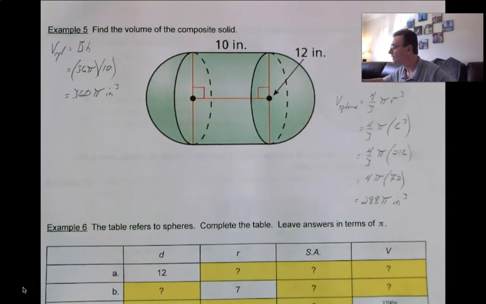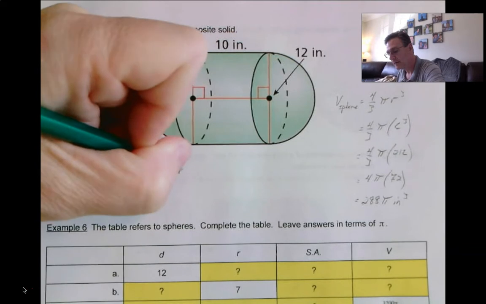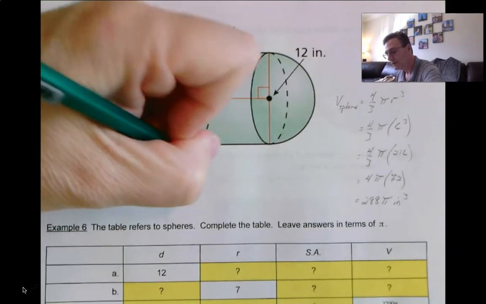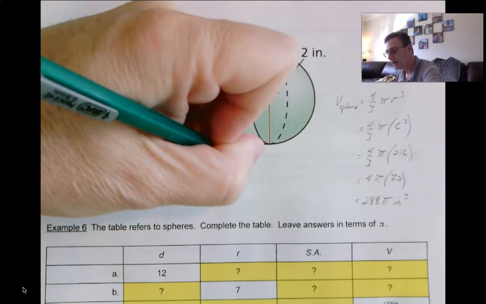Add these together, plus 360. So the volume of the solid is equal to 648 pi inches cubed.